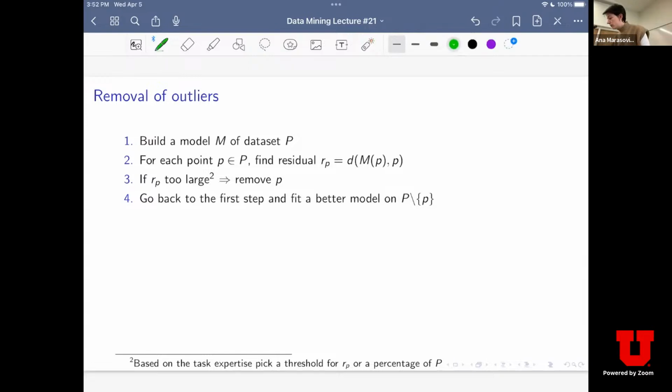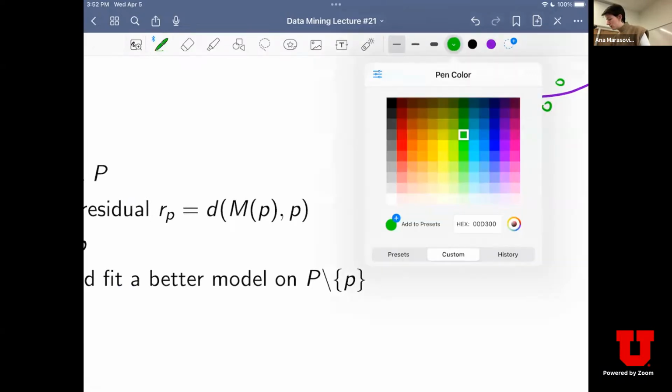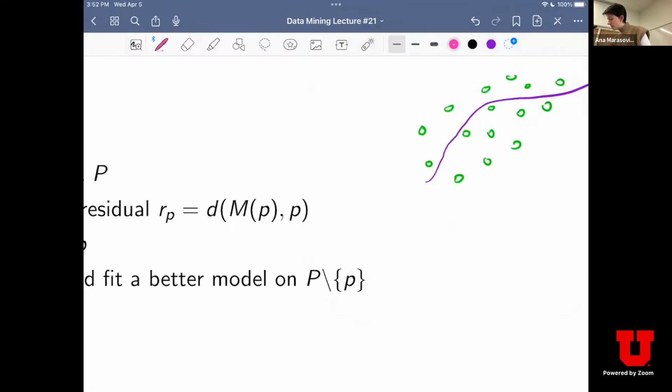And for each one of the points, you can then find your residuals. Remember, we had some points, and let's say we have approximated this data with this polynomial. Then we can calculate the residual for each one of these points.